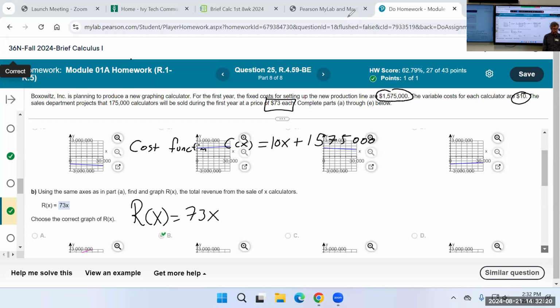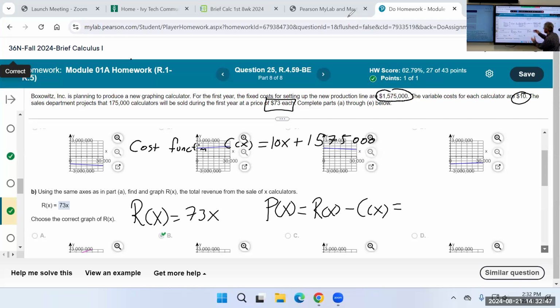So that'd be like the money coming in minus the money we spent going out. So profit would be revenue minus cost. That's what I think profit is. So P of x, profit, is going to be R of x minus C of x. It's the money coming in minus the money going out. That's the profit.